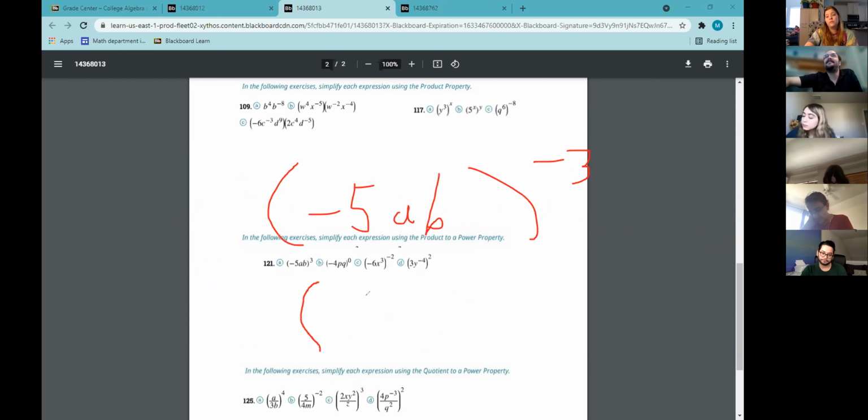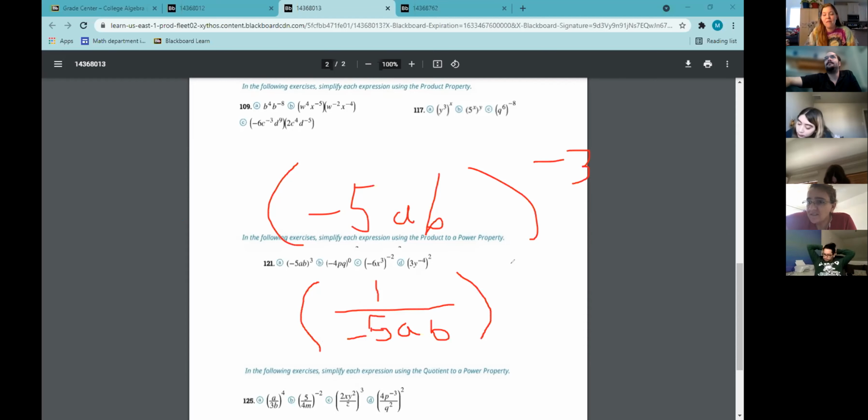So if I want to do that, that gives me 1 over. Instead of writing this on top, I'm writing this on the bottom, right? And this becomes positive.